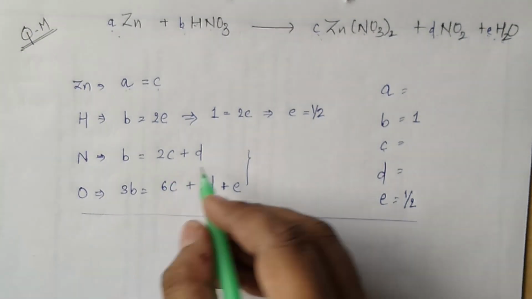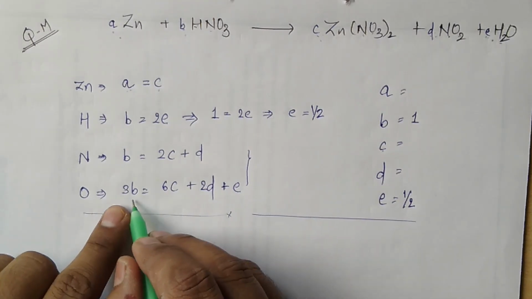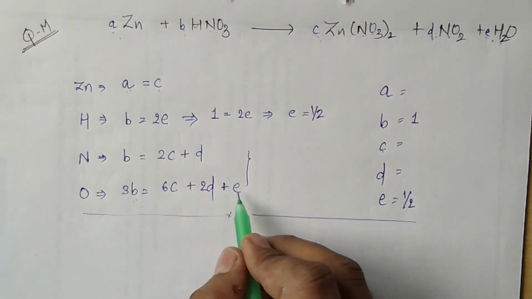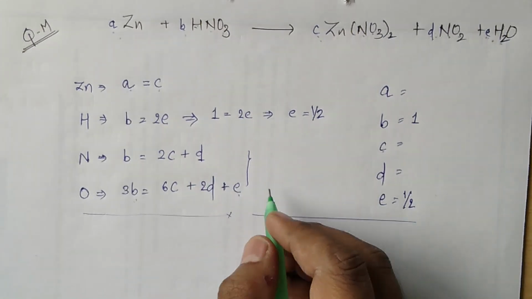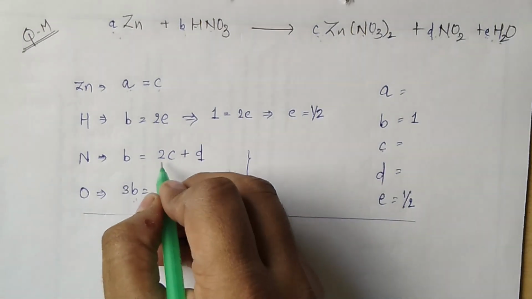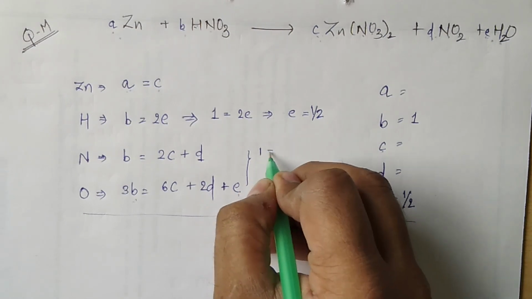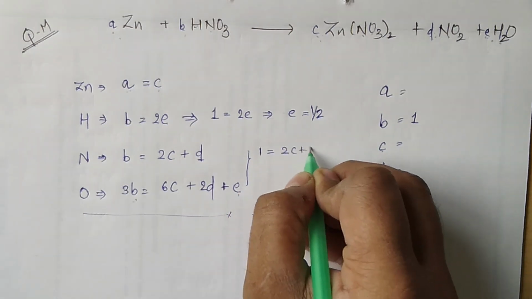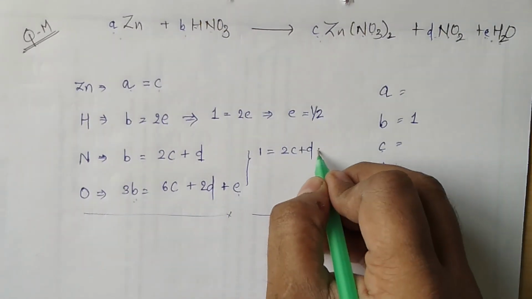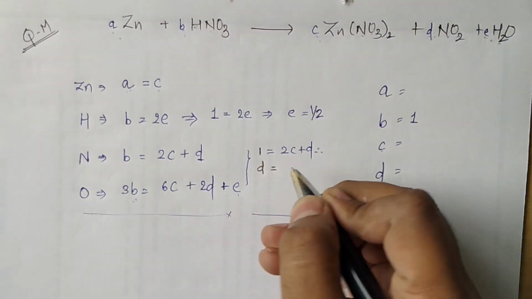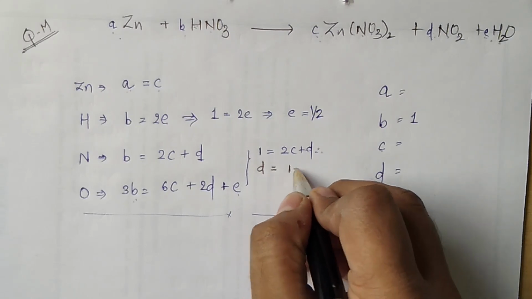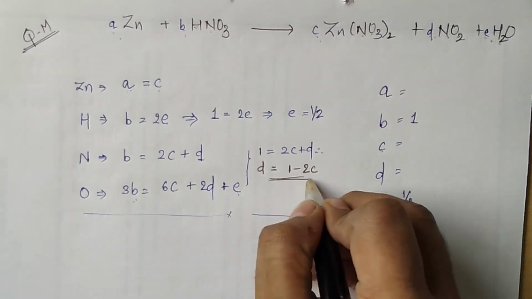How? See, if you see this equation, I am having the value of B as well as of E. Now what I will do? I will pick the value of D from this equation. So what I am getting, 1 equals 2C plus D, and therefore I am getting D equal to 1 minus 2C.